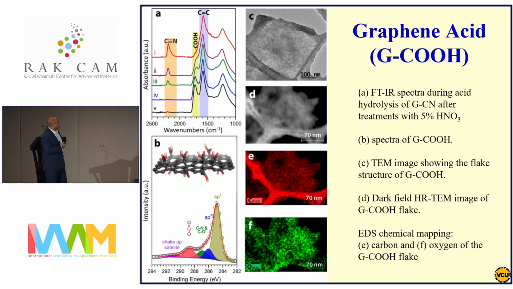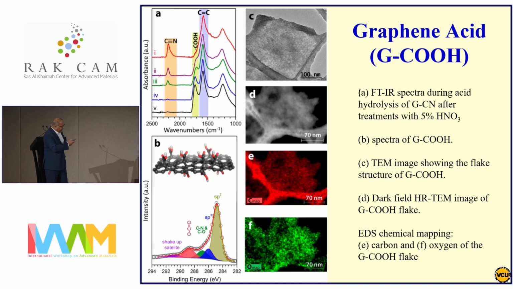And you end up forming carboxylic groups, replacing the cyanide groups in graphene cyanide. You can see the XPS of the carbon 1s, and it shows a significant amount of carboxylic groups here, in addition, of course, to the sp2, sp3, carbon-nitrogen and carbon-oxygen groups.